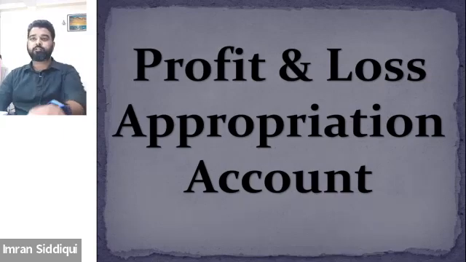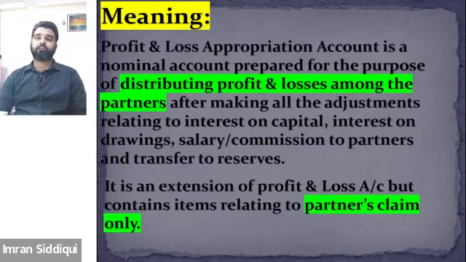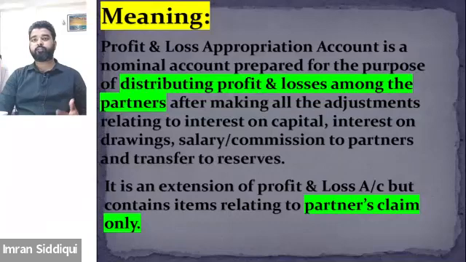So in the last session, while discussing the profit and loss appropriation account, we discussed the meaning of the appropriation account, wherein I told you that P&L appropriation is a nominal account that is prepared with the purpose of distributing the profit and losses among the partners after making all the adjustments relating to interest on capital, interest on drawing, salary, commission, and everything.